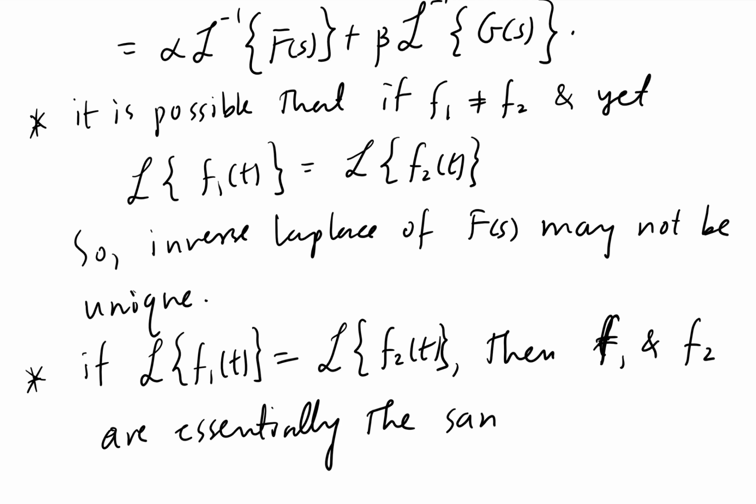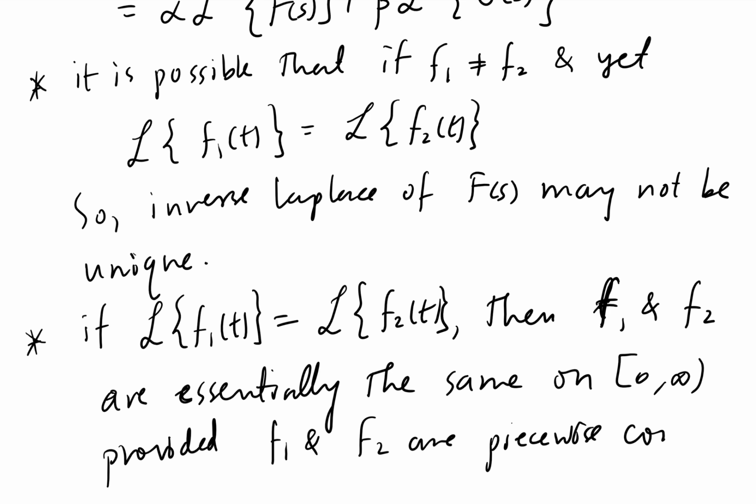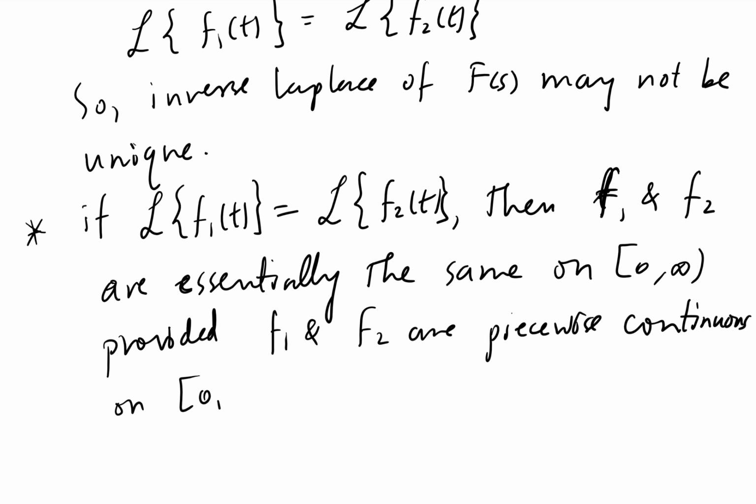That's the mathematical term that we use on the interval 0 to infinity, provided that f1 and f2 are piecewise continuous functions on the interval 0 to infinity, provided t is always bigger than or equal to 0.